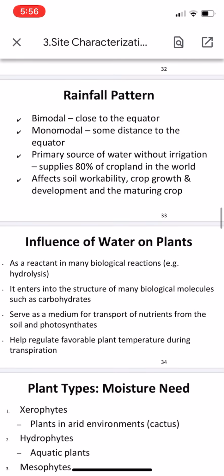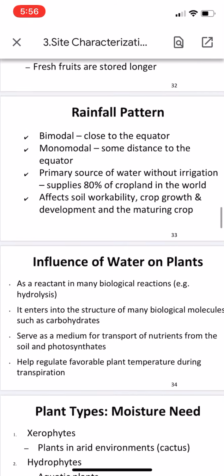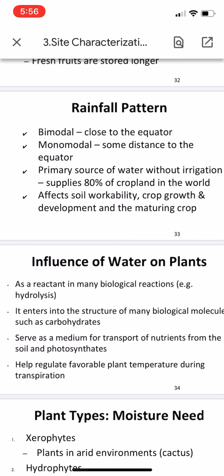And for rainfall pattern, we have the bimodal, which is close to the equator. When we are close to the equator, usually the rainfall pattern is bimodal, meaning they have two modes.